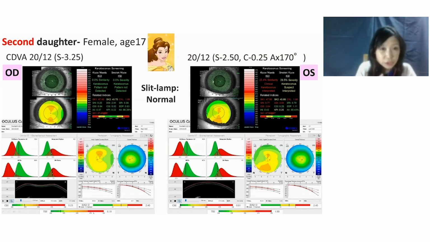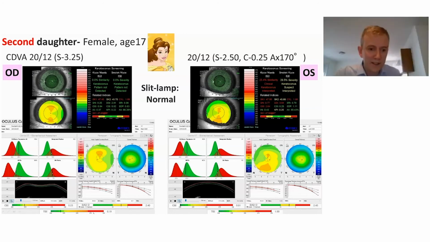Yes. May I comment on this daughter as well before you continue? Even in the other eye, where the TBI is relatively normal, CBI might not be in the complete red, but as Riccardo showed in the sigmoidal curve, it's already in the yellow. So the biomechanics is a little bit abnormal here as well.